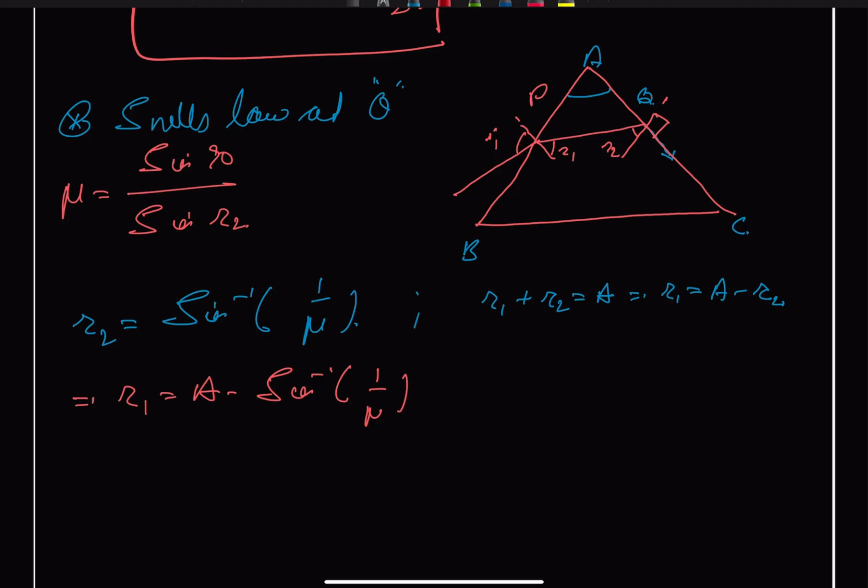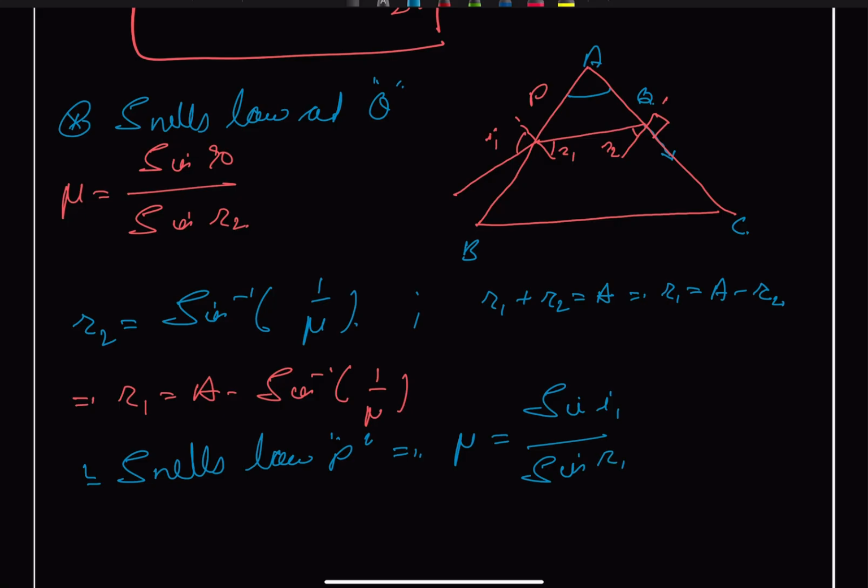Similarly, we can use Snell's law at P, which gives us that mu is equal to sine of I1 divided by sine of R1.